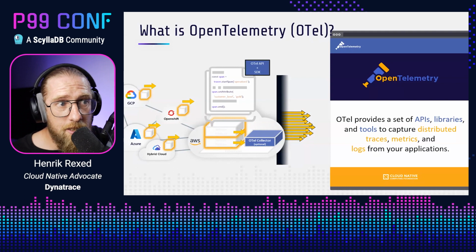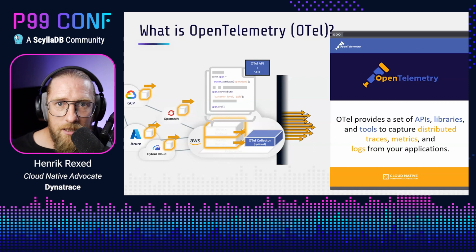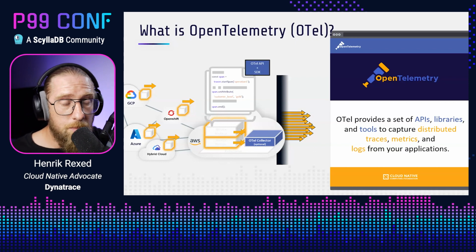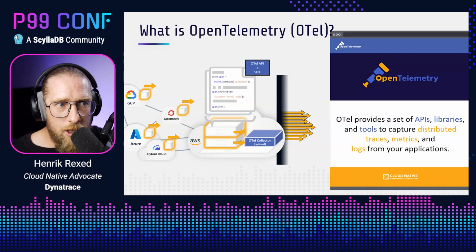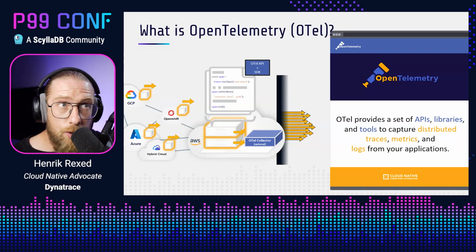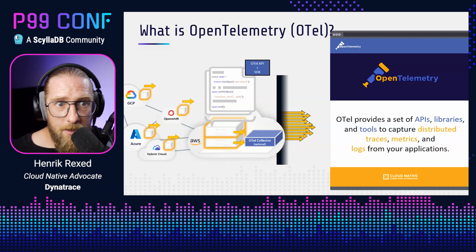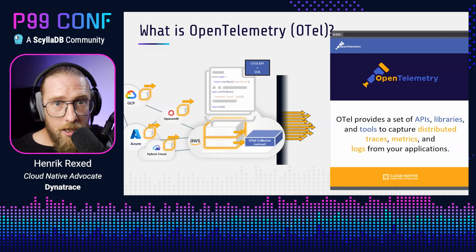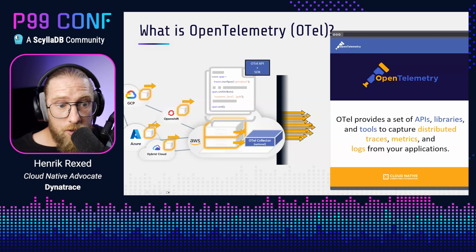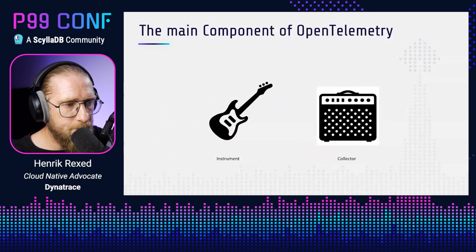OpenTelemetry is an open standard that basically helps us build telemetry data, so logs, traces, metrics, from our environment in a standard way, which means I can have my code, which is completely agnostic, producing telemetry data, and then I will send that to any of the storage backend solutions of the market, like Dynatrace, for example, or others. I now have the option to decide where I want to move that data.